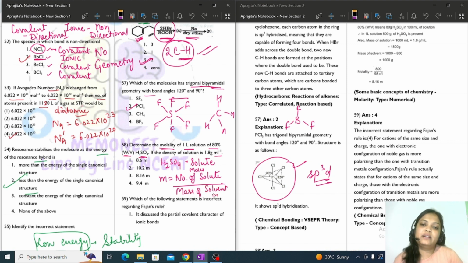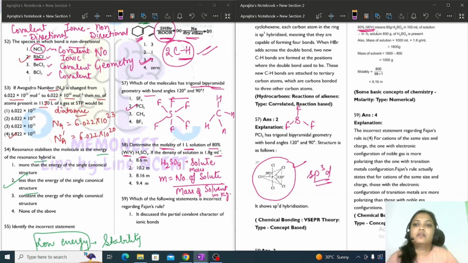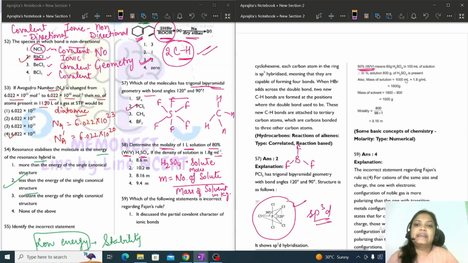So we have to find the mass of solvent here. Now 80% weight by volume means 80 grams of sulfuric acid is present in 100 ml. So in 1 liter, 800 grams of sulfuric acid will be present in 1000 ml of the solution.